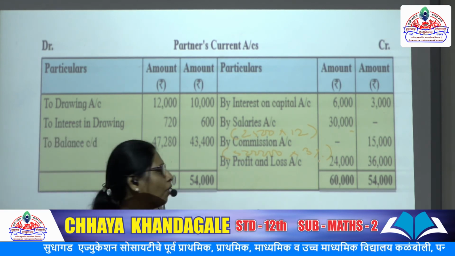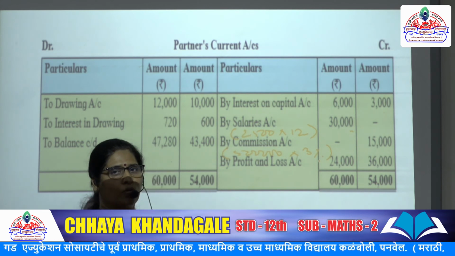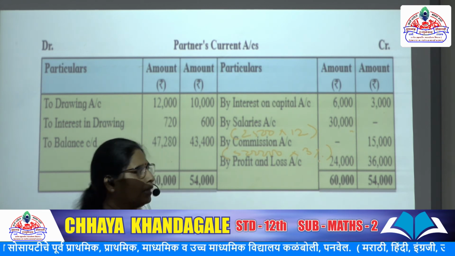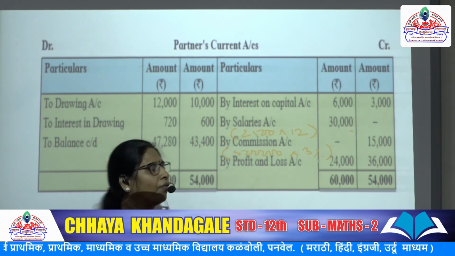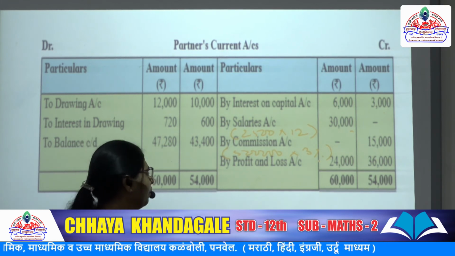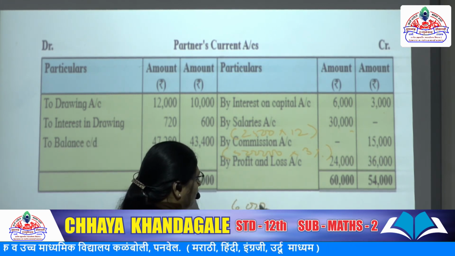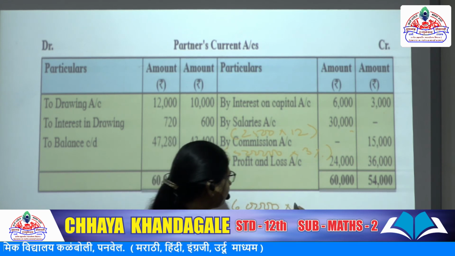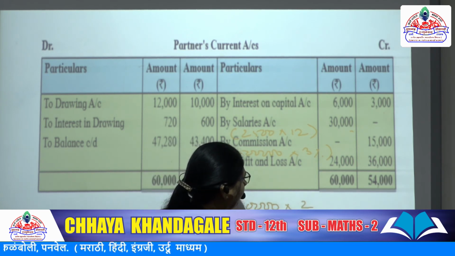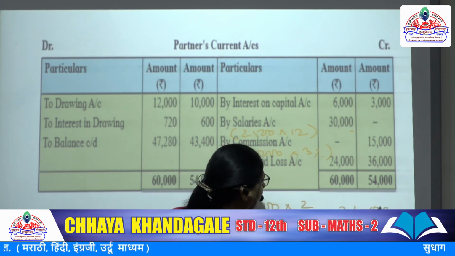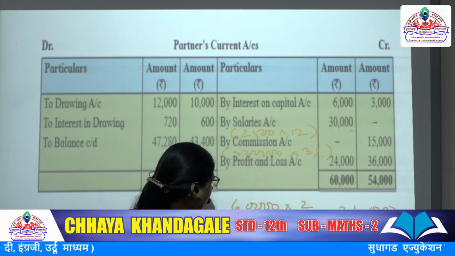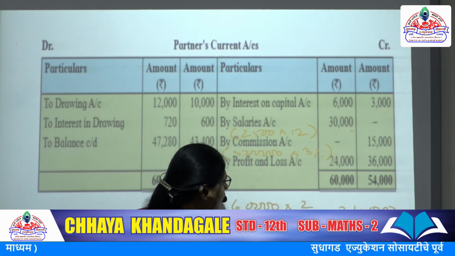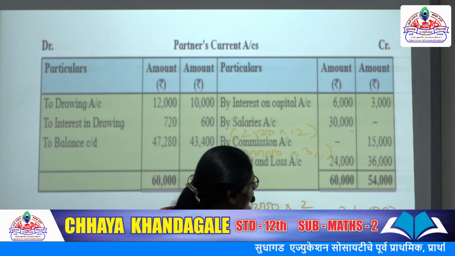Now, what was the capital sharing ratio? 2:3 was given in the sum. And what was the net profit? 60,000. So 60,000 into 2/5, and 60,000 into 3/5.